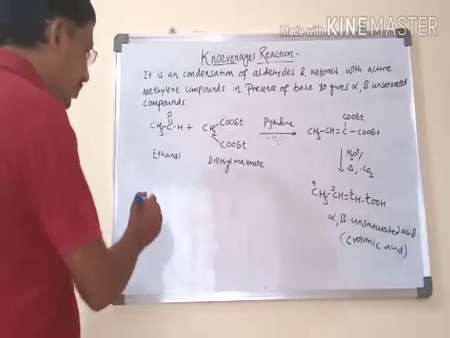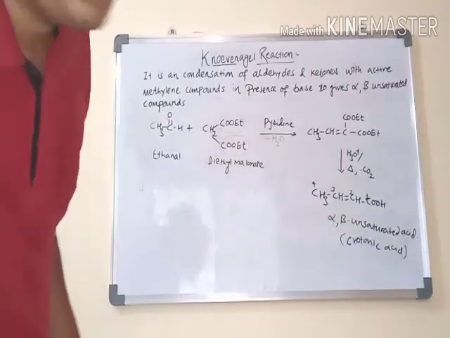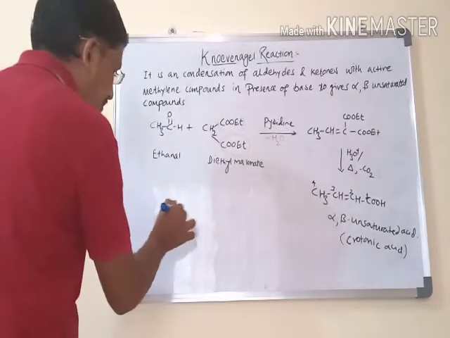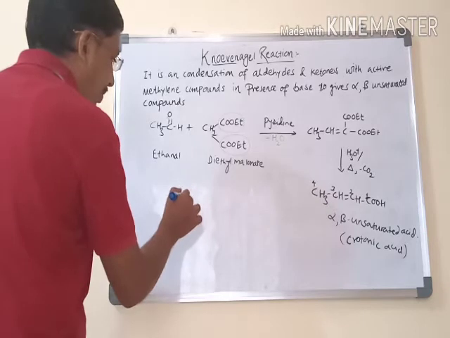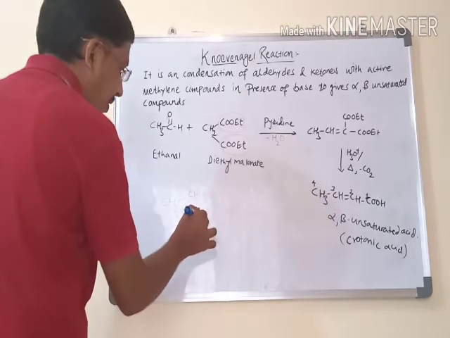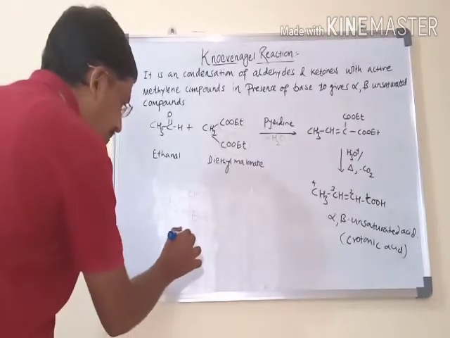Now, which compounds are active methylene compounds? Here CH2 is attached to two electron withdrawing groups. Which groups are electron withdrawing groups?